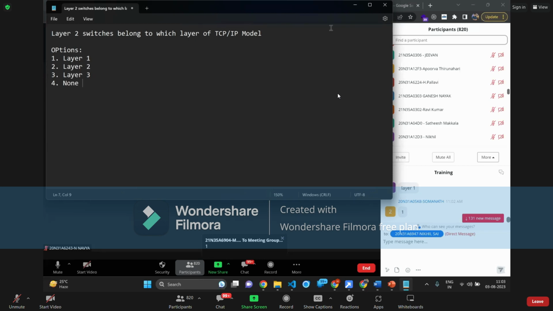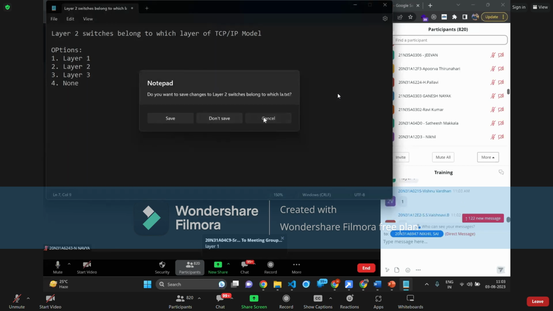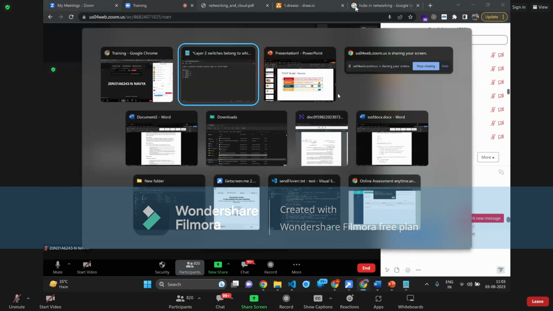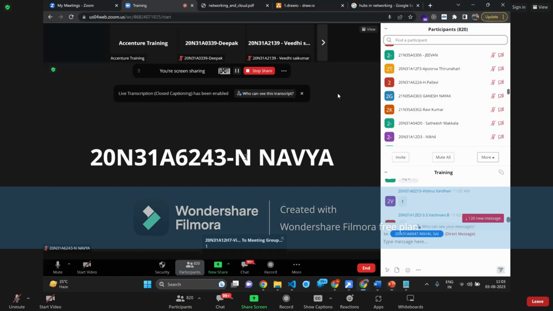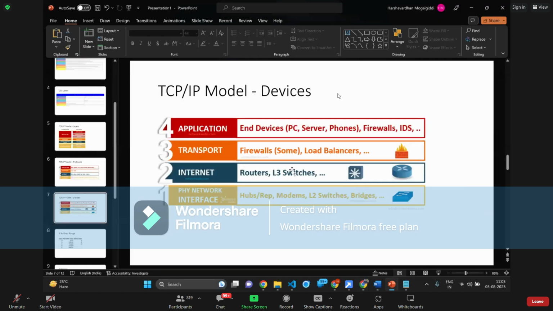Answer this, guys. Layer 1. Layer 3 switches? Give me an answer for layer 3 switches. Layer 2. Right. Good. Then different devices include load balancers and firewalls. We learned what load balancers are. Then application layer devices include end devices, firewalls, etc.